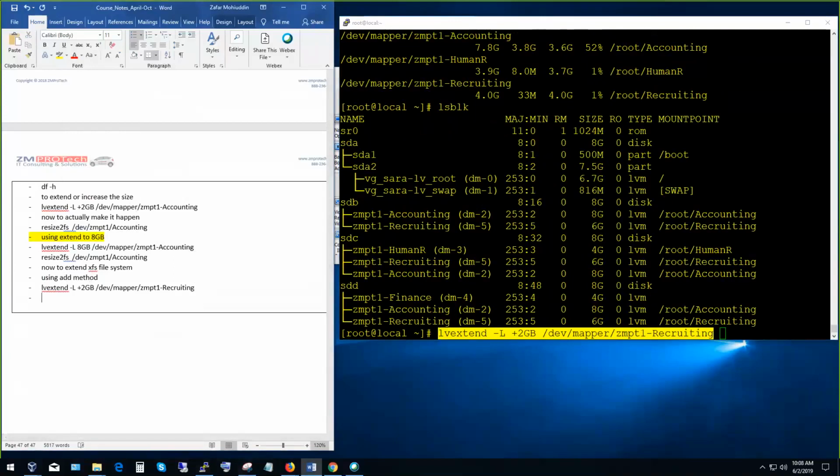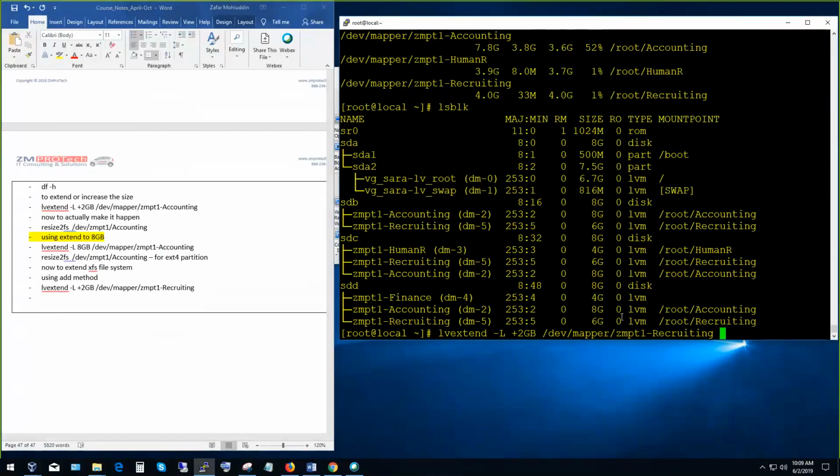Okay, now we've been using resize2fs for ext4 partitions, right? So what we're going to do is we're going to use xfs_growfs for XFS. Okay. All right.